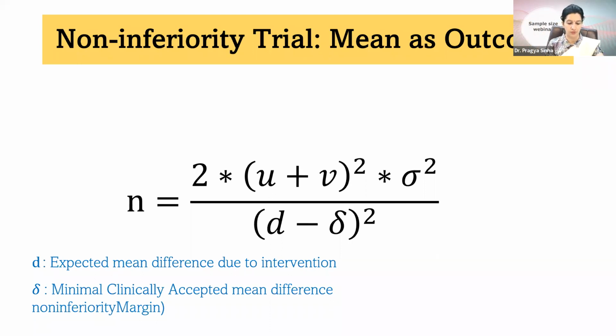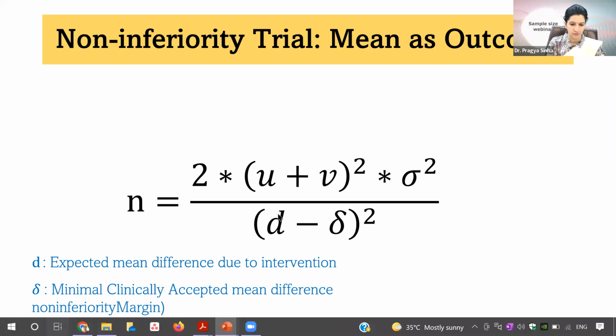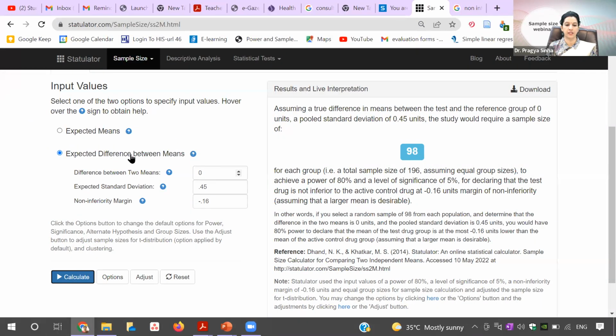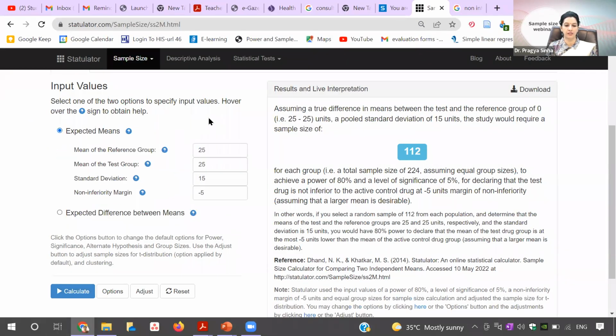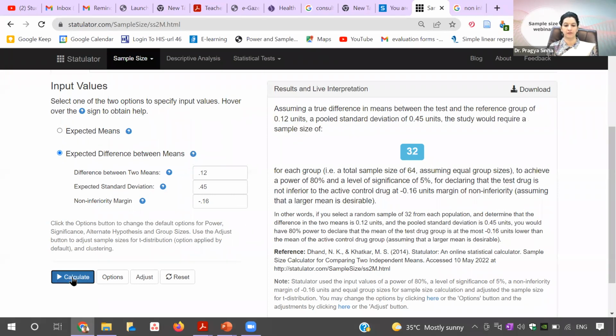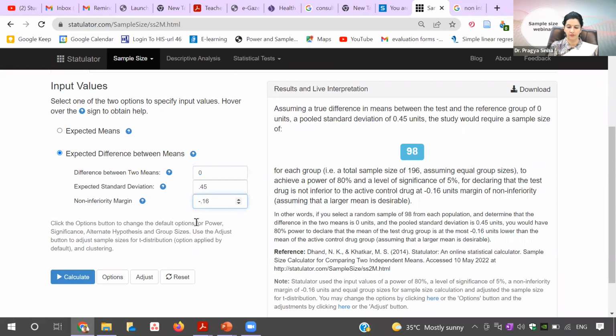I'll just show you with one example with this only. Suppose the author said that there was an expected difference. Maybe you say that 0.12 was the expected difference, and then you calculate. In that case, this minus is not going to affect.